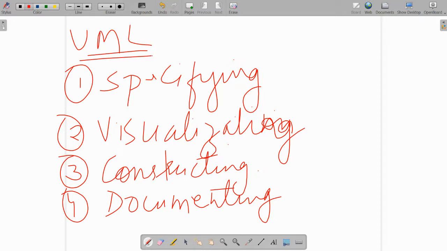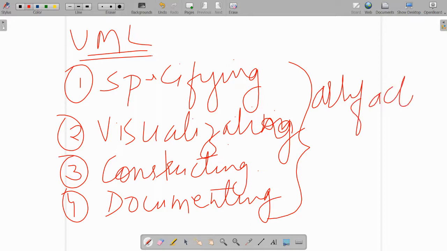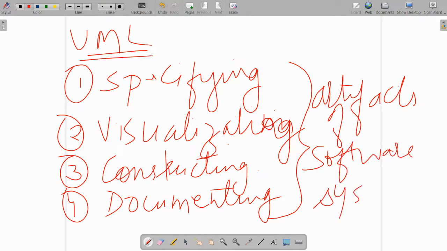In this UML, you will be able to specify, visualize, construct, and after doing this, document. This is related with the software system.